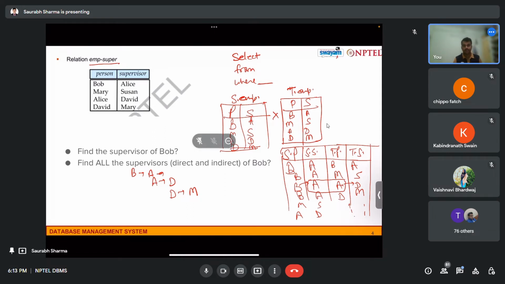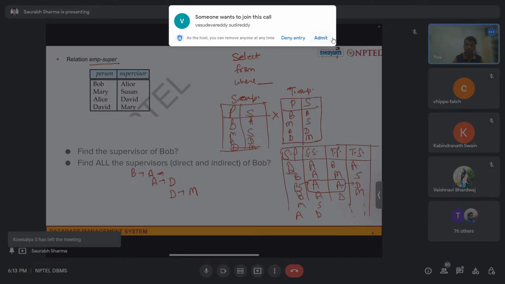Once again, recall. We have to create this kind of relation: we have to go from Bob to Alice, then from Alice to David, then from David to Mary. This is the only way we can get the direct and indirect relationship at once.